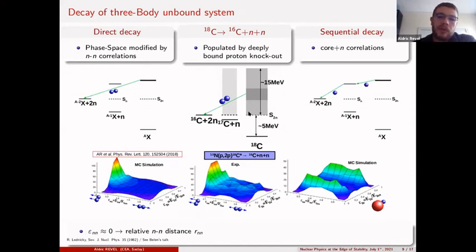Also, we didn't clearly see, due to resolution, narrow resonances in proximity to the threshold. We were able to observe a wide range of relative energy above this 2 neutron emission threshold, up to 15 MeV above the threshold.